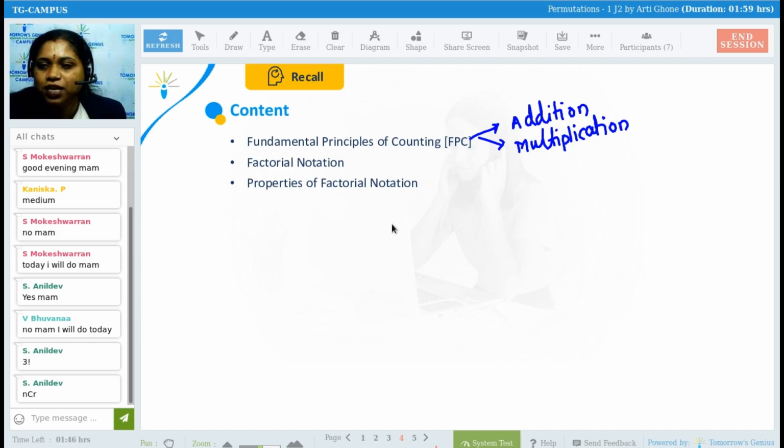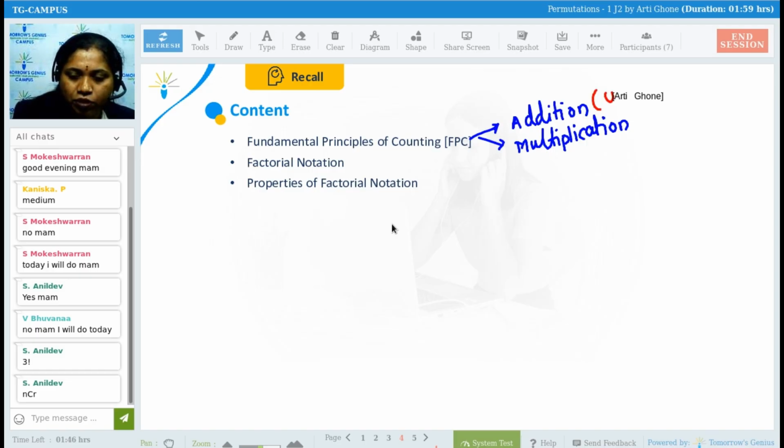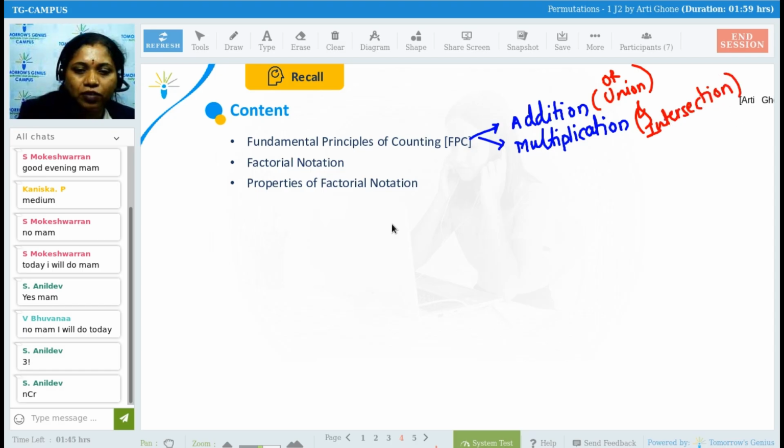The fundamental principles of counting are not nCr, that is combinations, which we have not seen yet. Addition and multiplication. Now what is union? What is intersection? Union means addition, denoted by the word or, and intersection is denoted by multiplication. Clear?